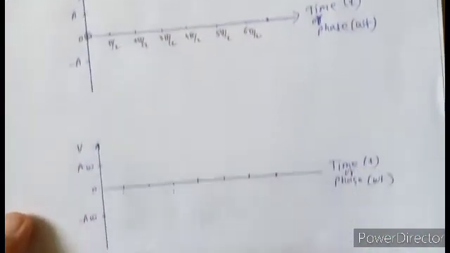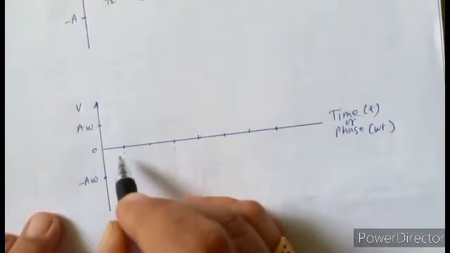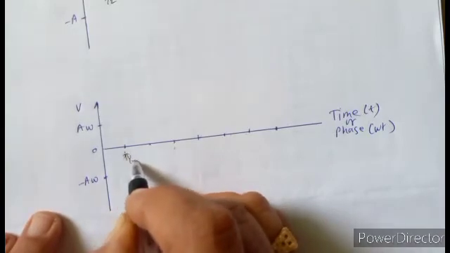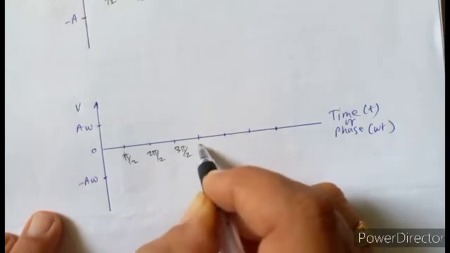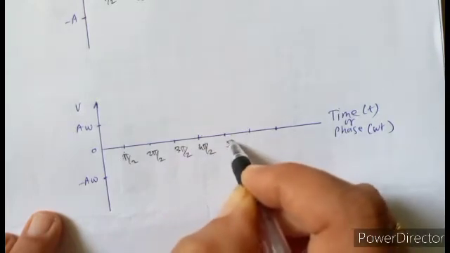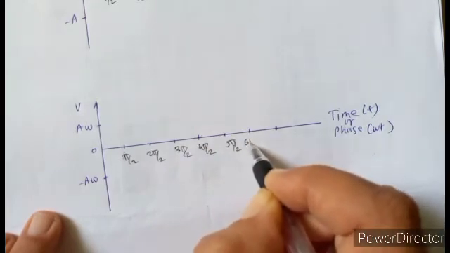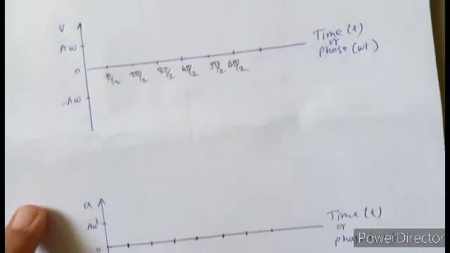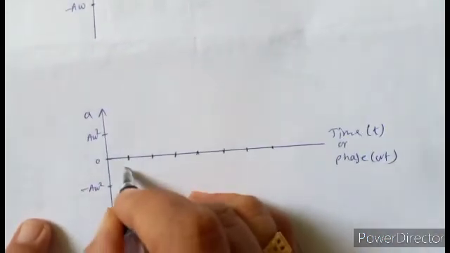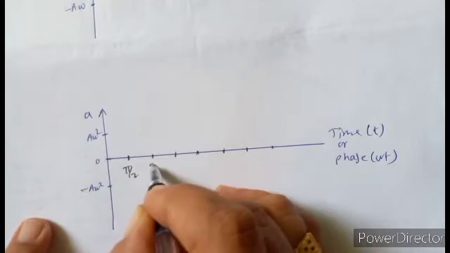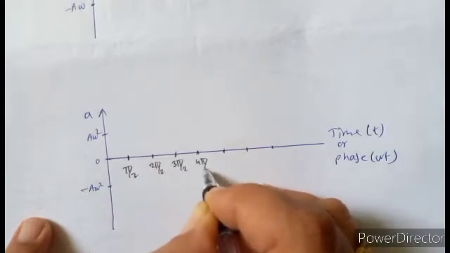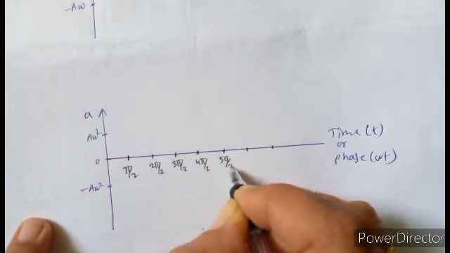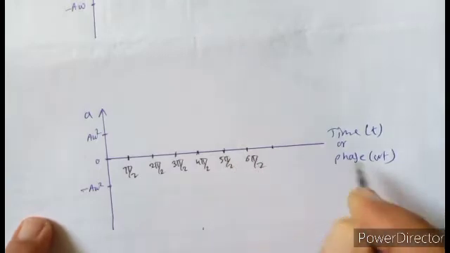We write the same on the axis of the velocity graph also, pi by 2, 2 pi by 2, 3 pi by 2, 4 pi by 2, 5 pi by 2, 6 pi by 2. For acceleration also, pi by 2 up to 6 pi by 2.